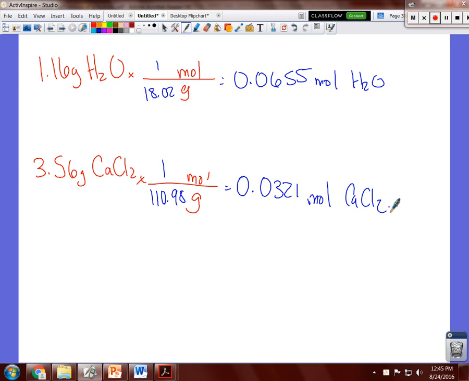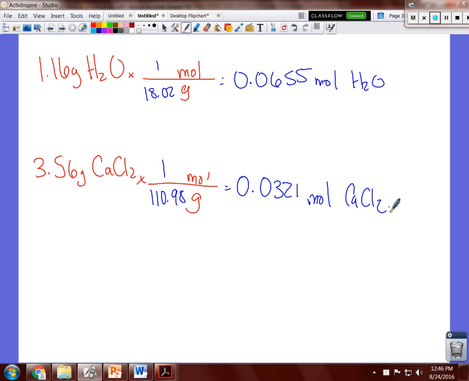So, in essence, what are we trying to find? What was the question? How many waters were a part of this hydrate, right? So, now that we have these two things, can we compare them? I'm trying to figure out how many waters were in this thing, right? Okay? So what do you do with those two numbers?